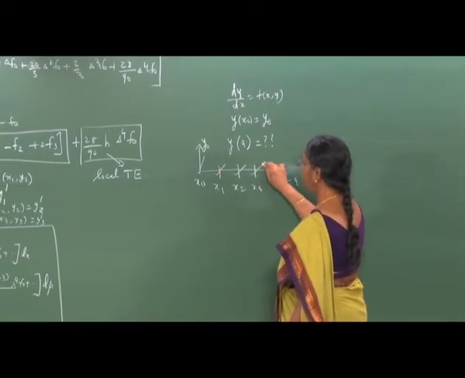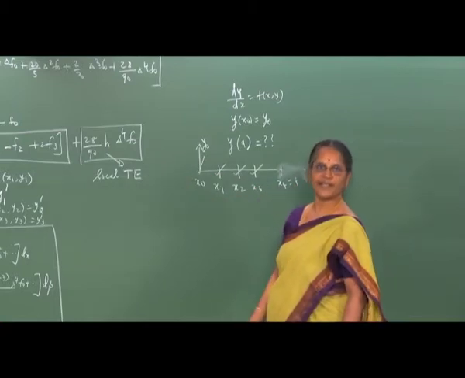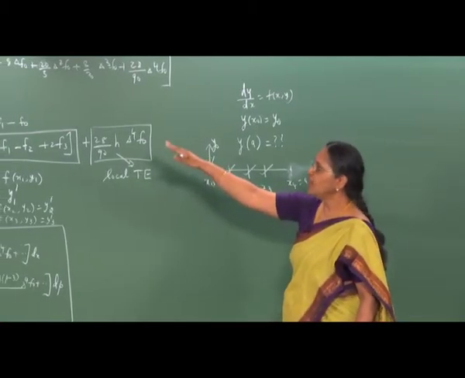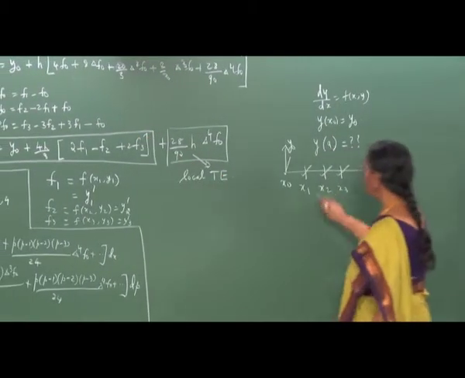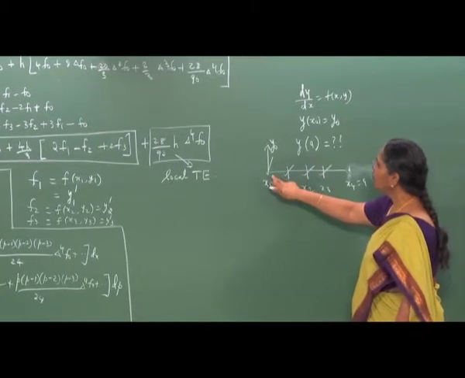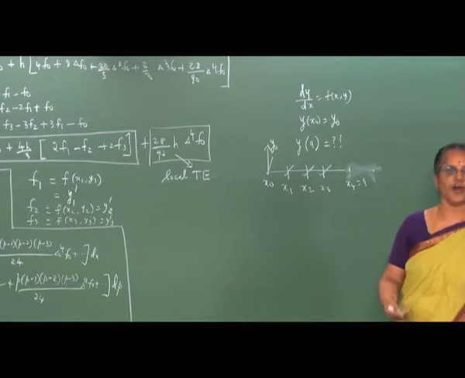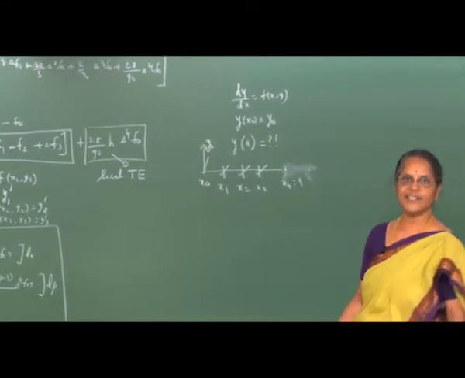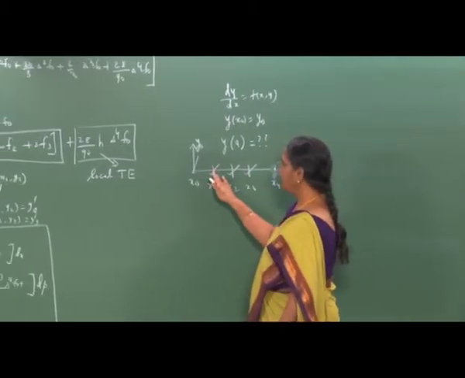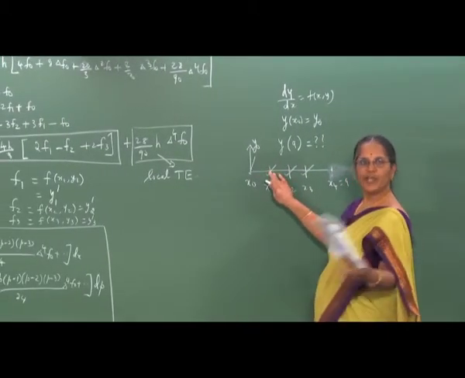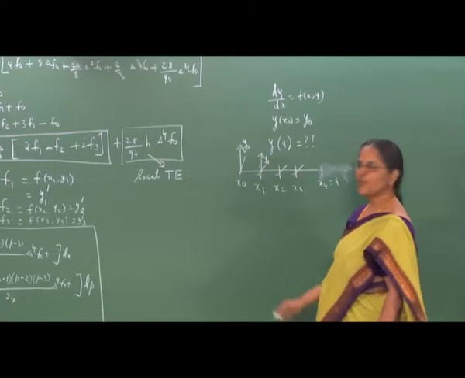At these 3 points you require the information if you want to make use of Milne's method, namely the predictor method or the multi-step method that we have derived here. So, what you do is you make use of either Runge-Kutta method of order 4 or Euler's method or Taylor series method, march from x0 to x1, obtain the solution by any one of those techniques and call it y1.